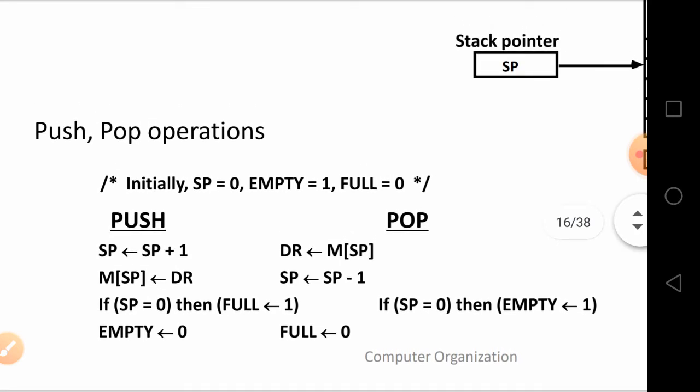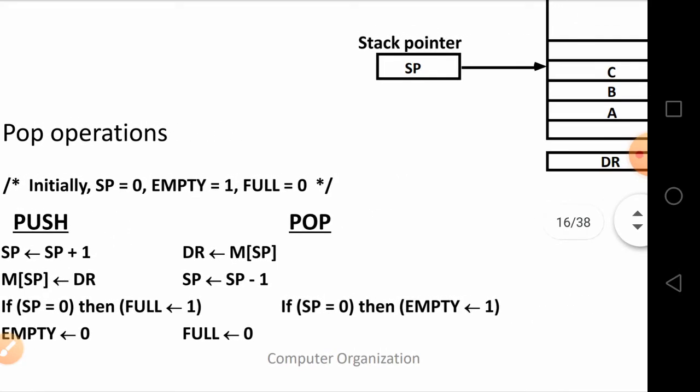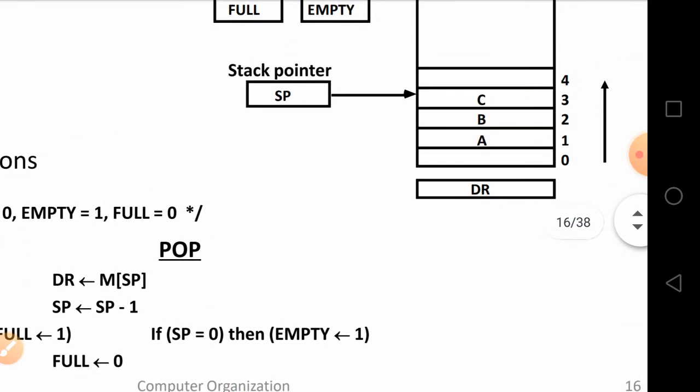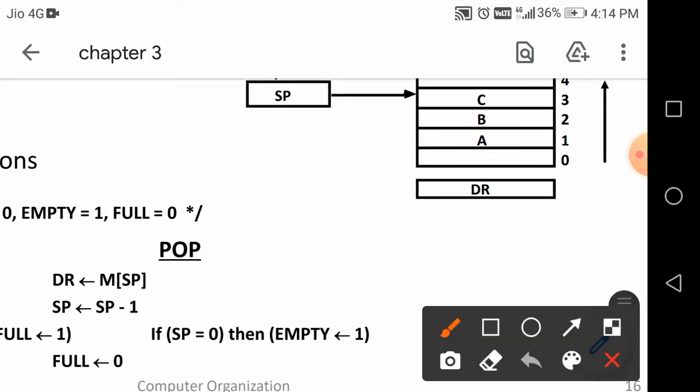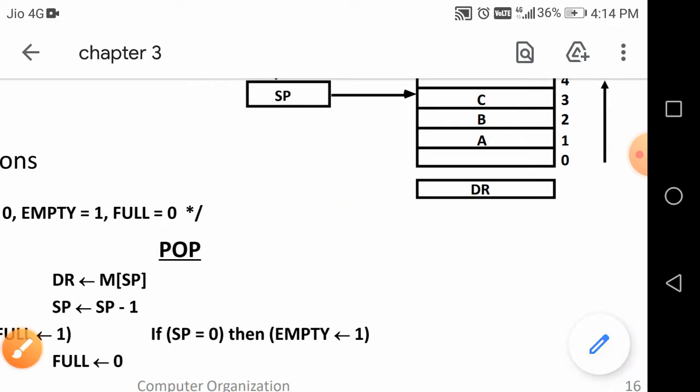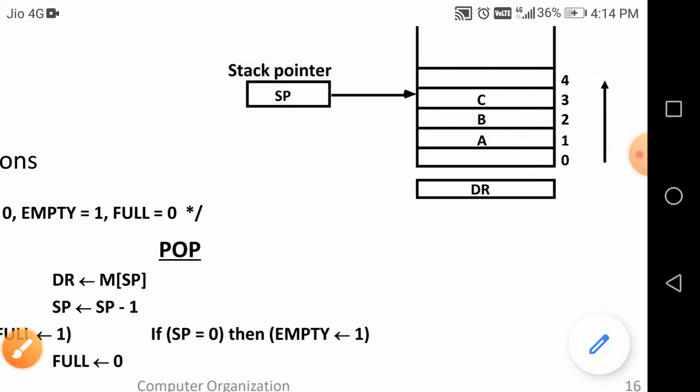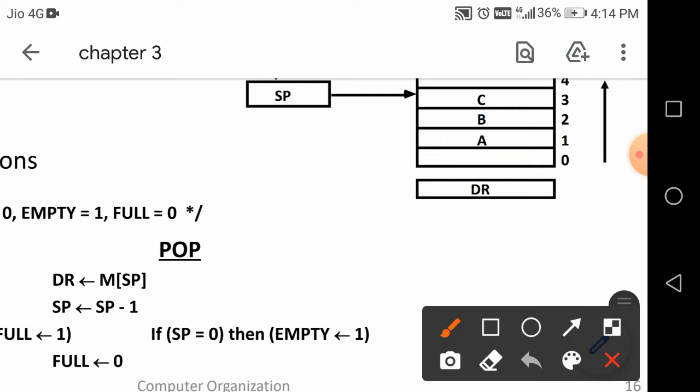If it is full, then it makes the full flag 1 and the empty flag 0. Suppose you want to store the next data, the stack pointer is incremented by one, that is, it goes to the fourth value.